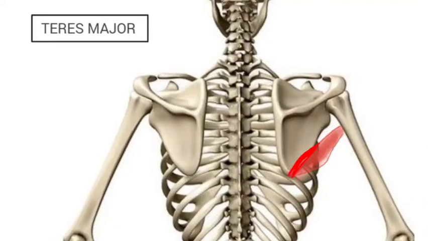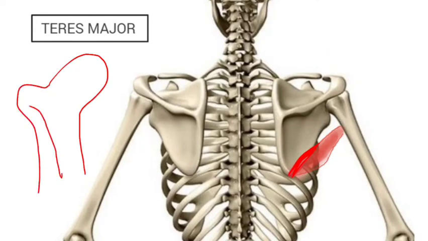So one way to remember that is, let's try to draw it here. Okay, so this is your medial lip, this is your lateral lip, and this is your groove. So with the medial lip, what inserts here is your teres major.